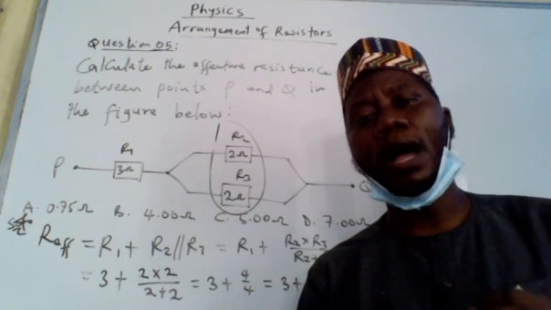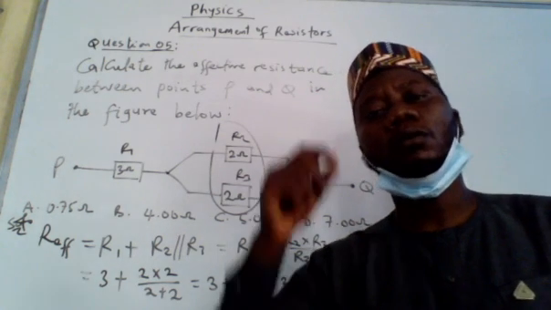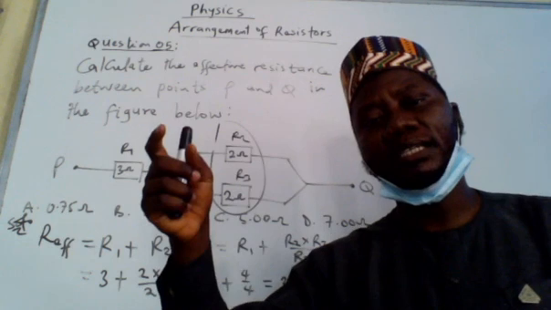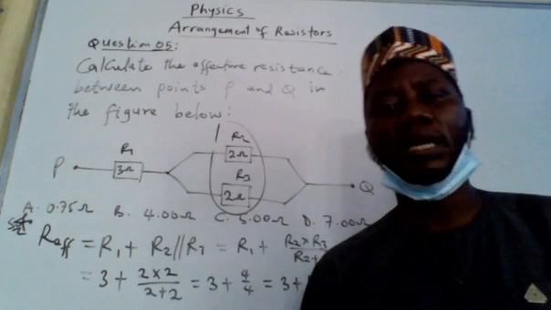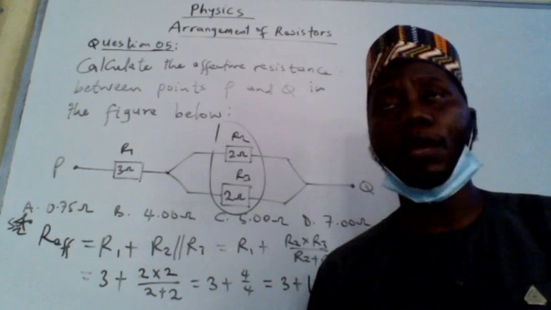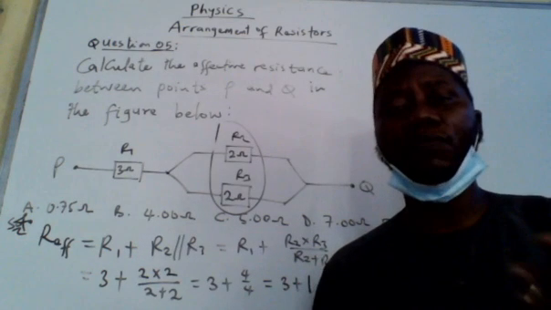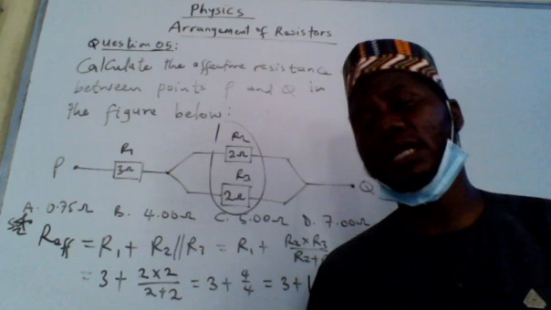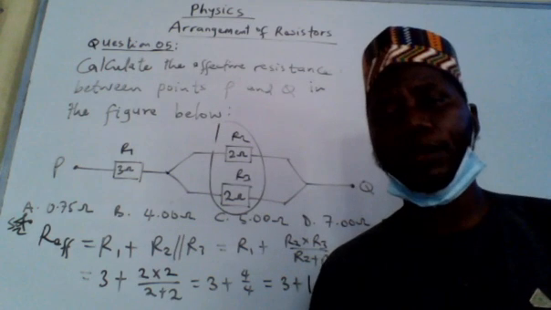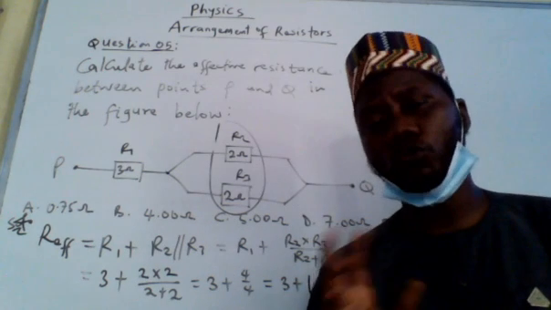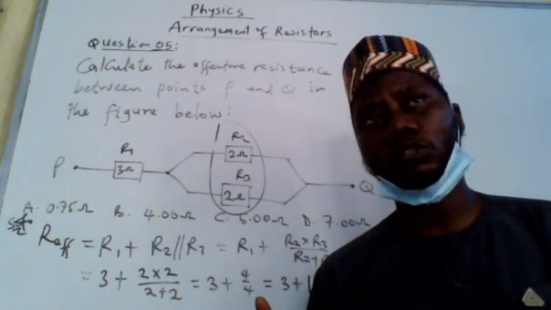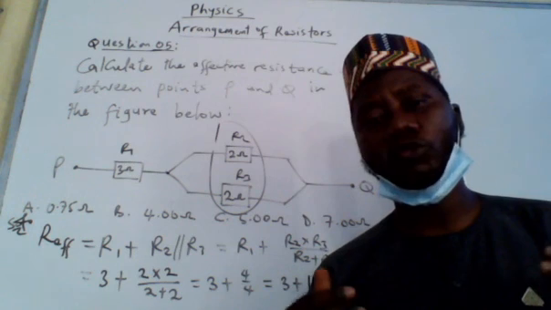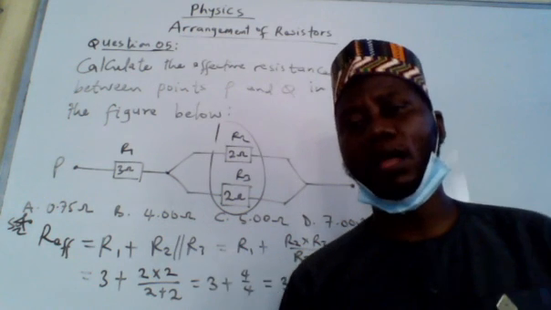In that case, our R equivalent is going to be product of resistances over sum of resistances. That formula works for just two resistors in parallel. If the resistors are more than two, that formula will no longer hold.